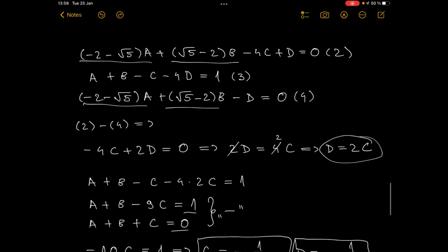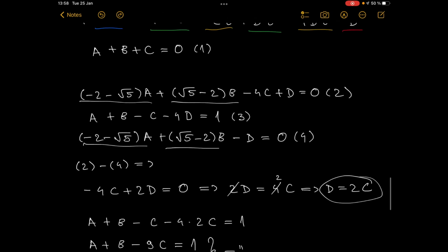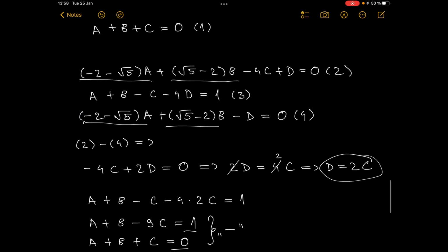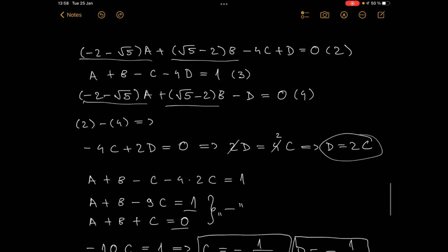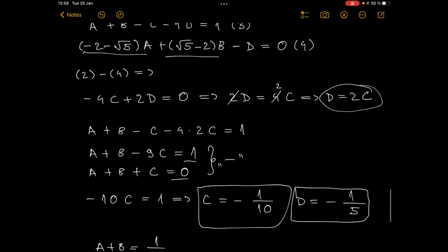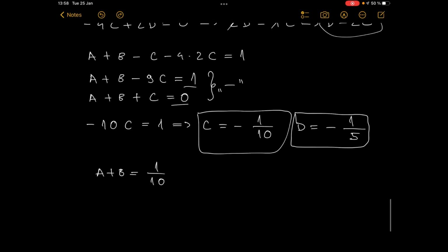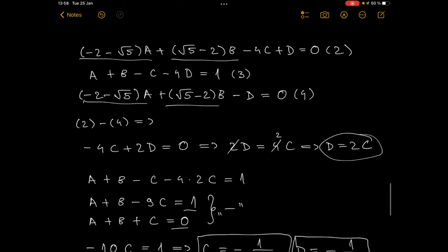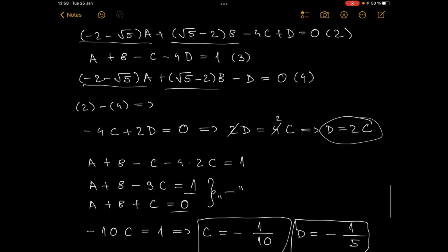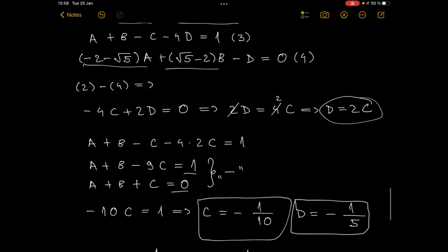And now we're going to use either equation number 2 or equation number 4. So from here, we get that a is equal to 1/10 minus b. And we'll plug that into, let's say, equation number 4.